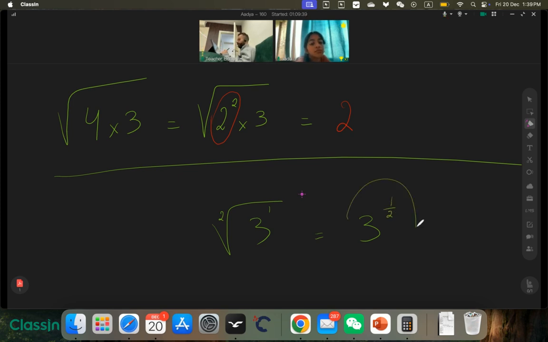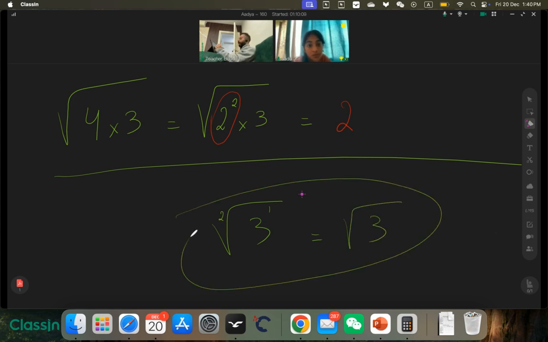I don't want something 3 power half. In your specific class, you don't need the 3 power half. Anything power half or power fraction, you don't really need at this time. What you need to understand at this grade is that if the power over here is a fraction, or if it's a half, I cannot get it out, so it's going to stay radical 3.